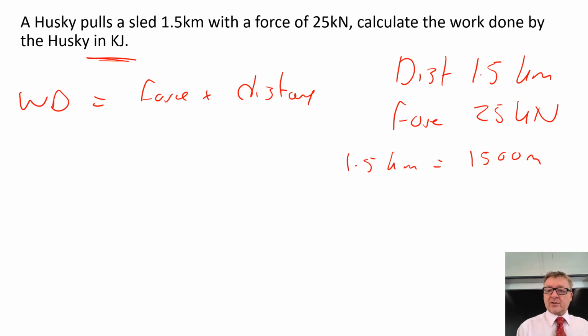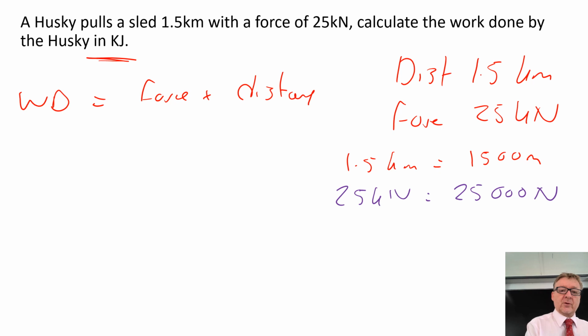The force, 25 kilonewtons, equals 25,000 newtons. So therefore, work done is 25,000 newtons multiplied by the distance of 1,500.